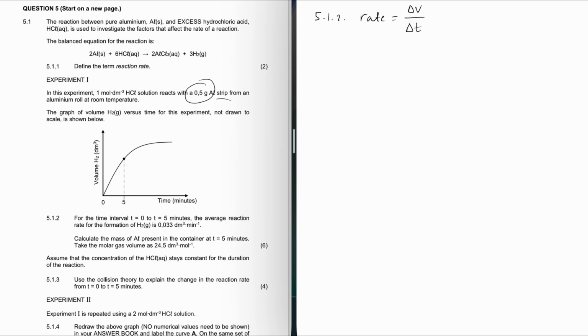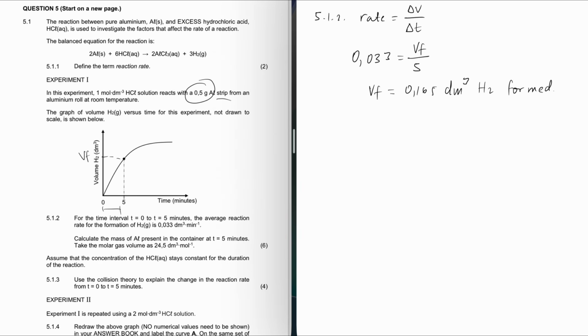So the rate is given as 0,033, and that's equal to, but we don't know what this volume is, so let's just call it VF. So VF divided by, and here it's going to be 5. So we cross multiply, you get VF is equal to 0,165 dm cubed of H2 formed.